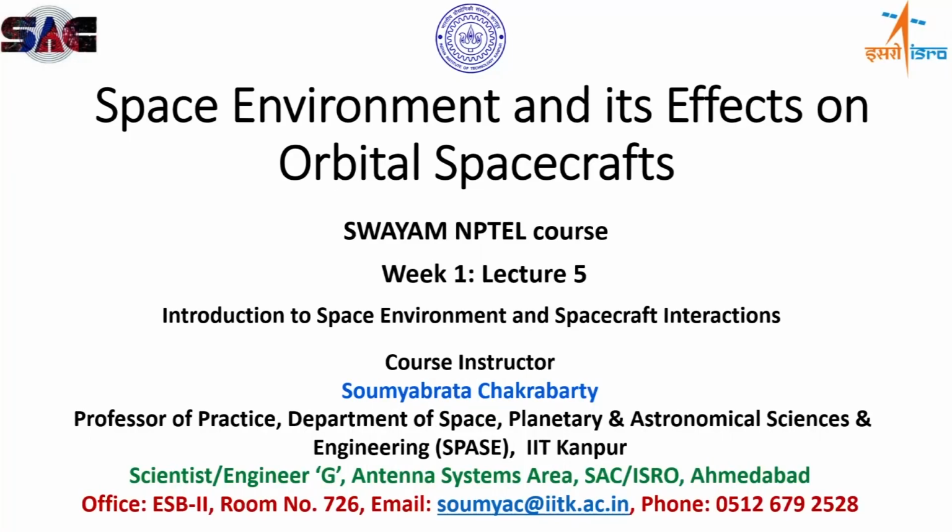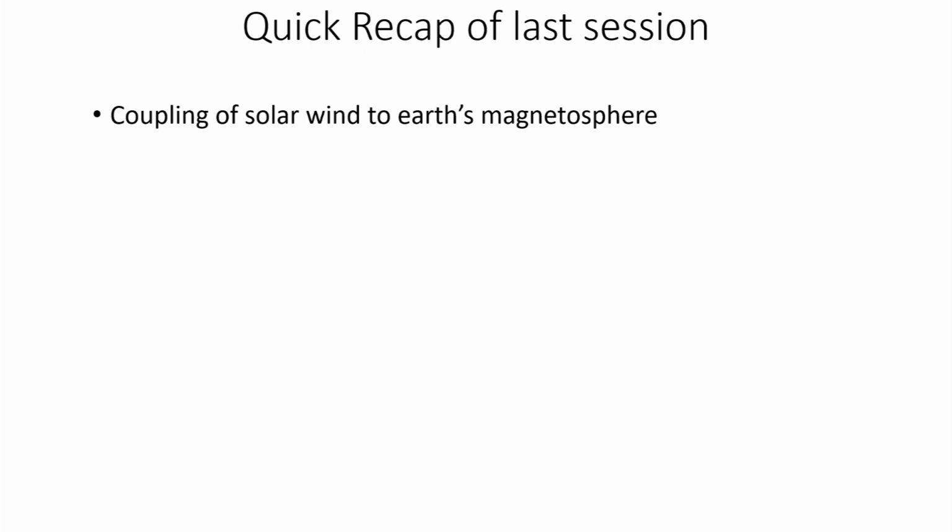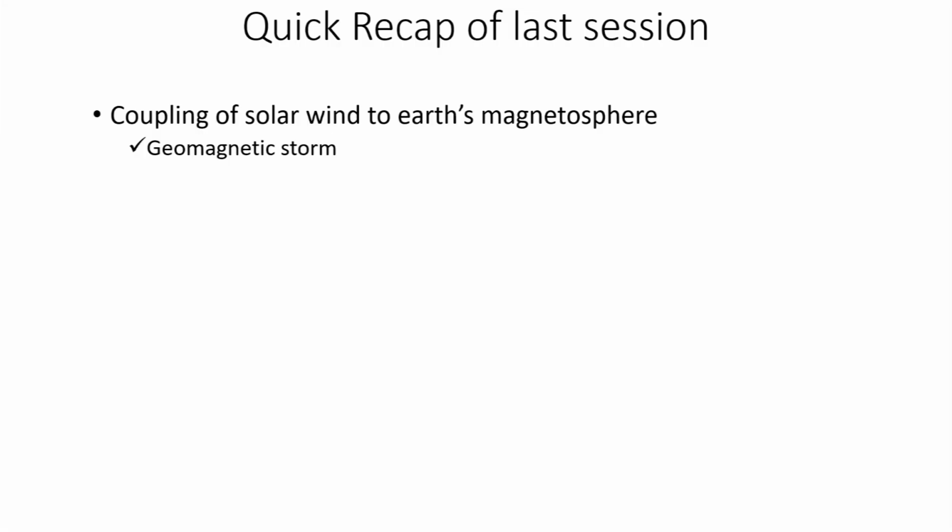In the last session we discussed how the solar wind is coupled to the Earth's magnetosphere, and in the event of solar activities like solar flare, coronal mass ejection and solar energetic particles, how the phenomena of the geomagnetic storm as well as geomagnetic substorm happen.